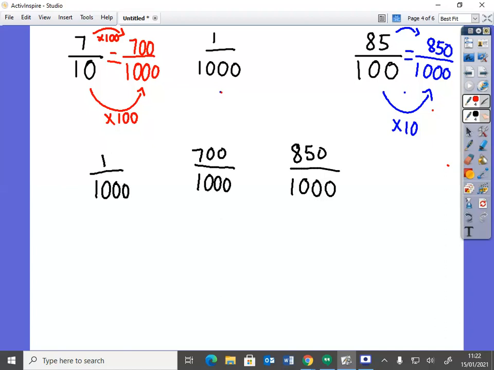But if you do get a question like this, you're going to need to answer it and put the fractions in the form they were originally written in the question. So we can see that 1/1000th is going to stay the same because that's how it was written in the question. How was 700 thousandths written in the question? Can you identify it? It was like this, wasn't it? It was written as 7/10.